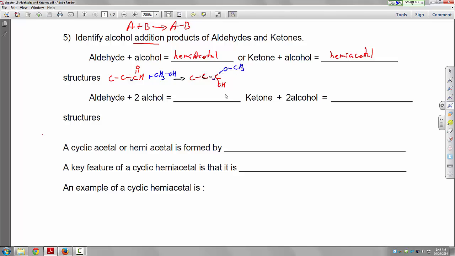And you can do the same thing with a ketone. So we'll start with, instead of propanal, propanone, and we'll use maybe ethanol in this case, a 2 carbon alcohol.